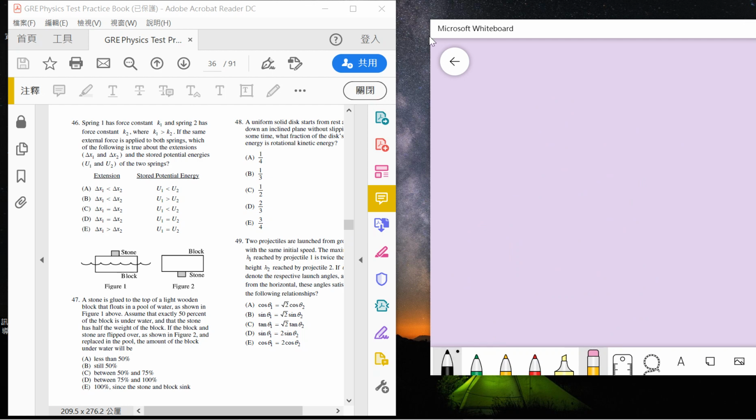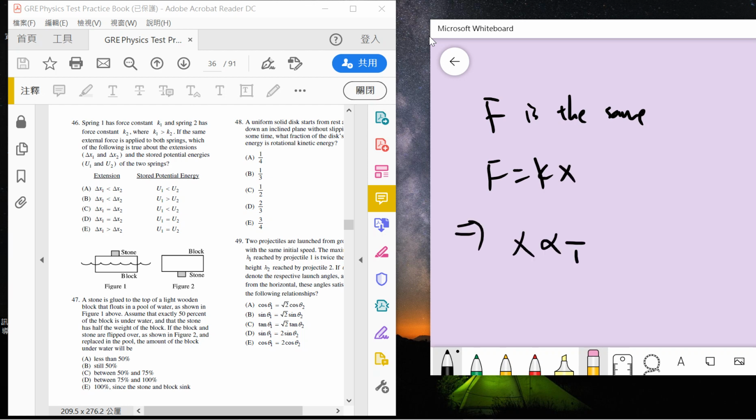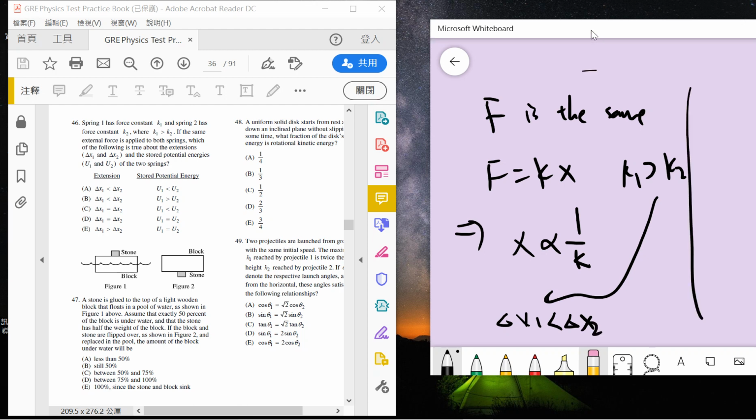Basically, the force is the same. So F equals kx tells you that x is inversely proportional to k. Since k1 is larger than k2, delta x1 is less than delta x2. So this is the first part.